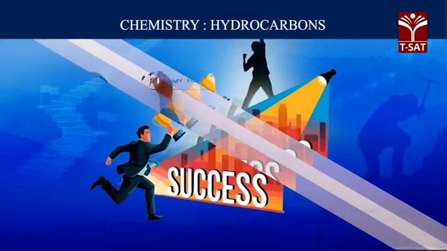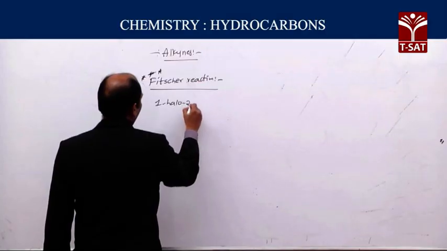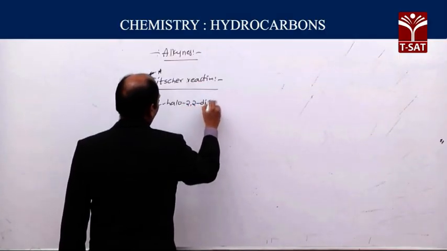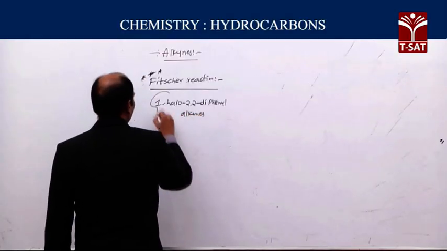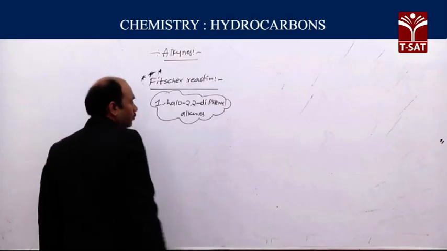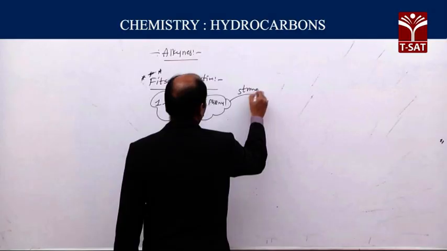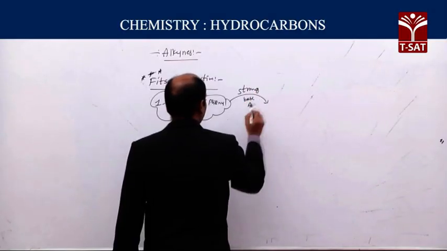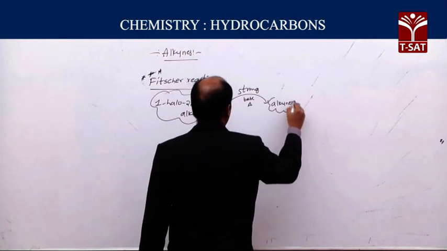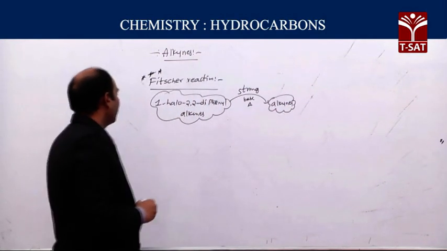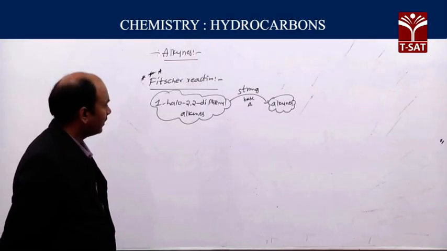This is nothing but 1-halo-2,2-dialkyl or diphenyl alkenes. 1-halo-2,2-diphenyl alkenes are treated with a strong base, and we get alkynes. This is the Fritsch reaction.